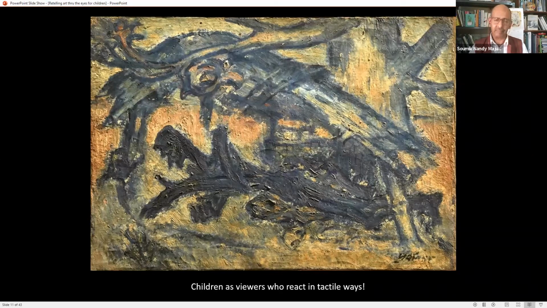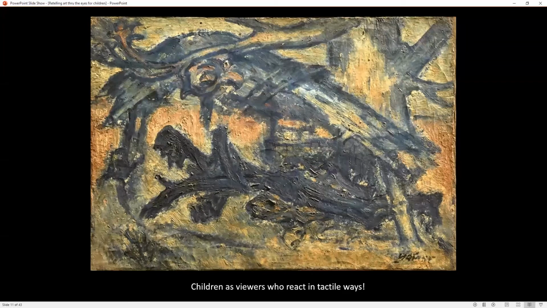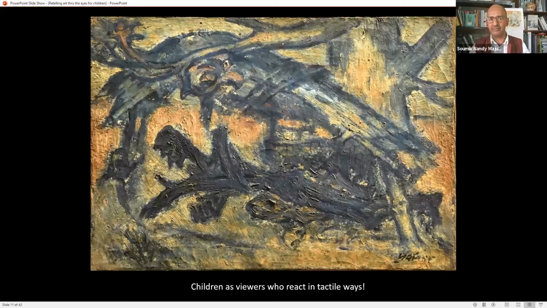And I've also been told by my European friends that there are books in French, in Japanese, and maybe other European languages, where authors are trying to write books on art from the point of view of children. So I found it very interesting that, okay, this is not a very unique experience of mine. This is a pretty universal experience, but it's important that we pay attention to it and take it seriously.